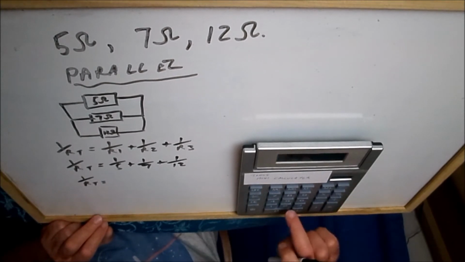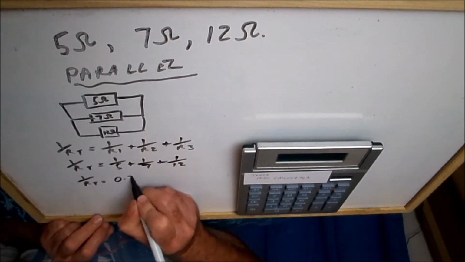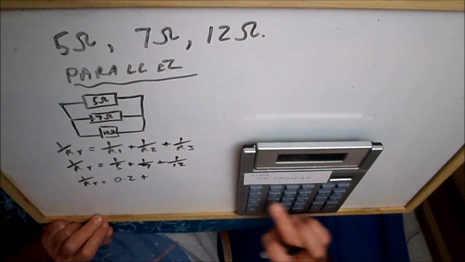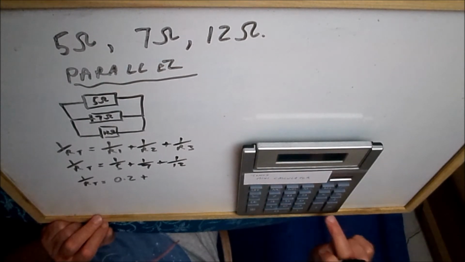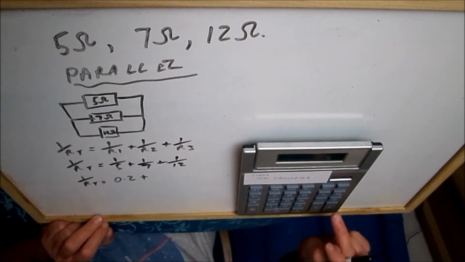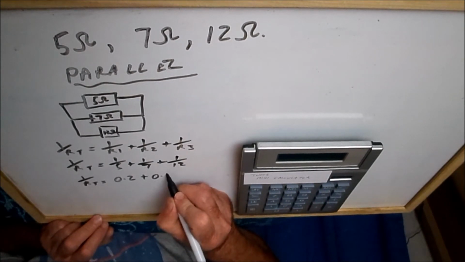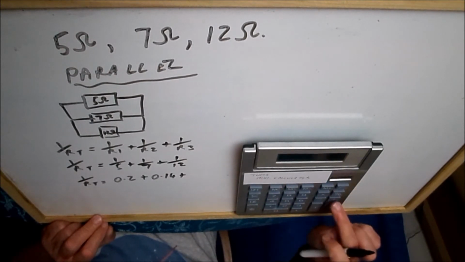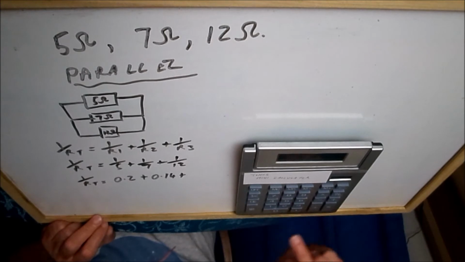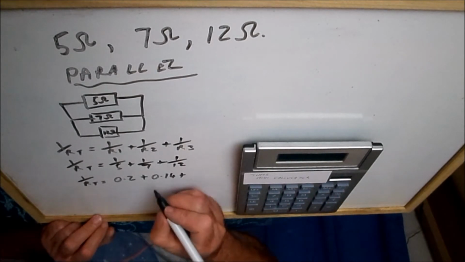So if we just pop these figures in, 1 divided by 5 equals 0.2, plus 1 divided by 7 equals 0.14, and 1 divided by 12 equals 0.08.